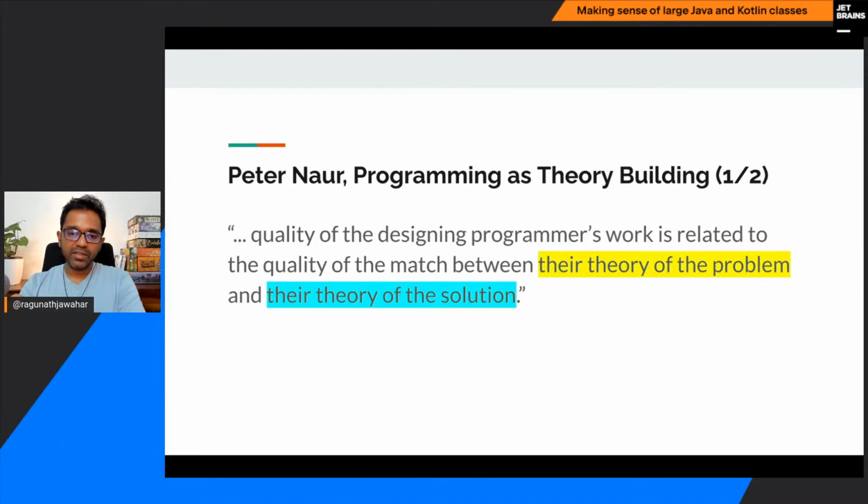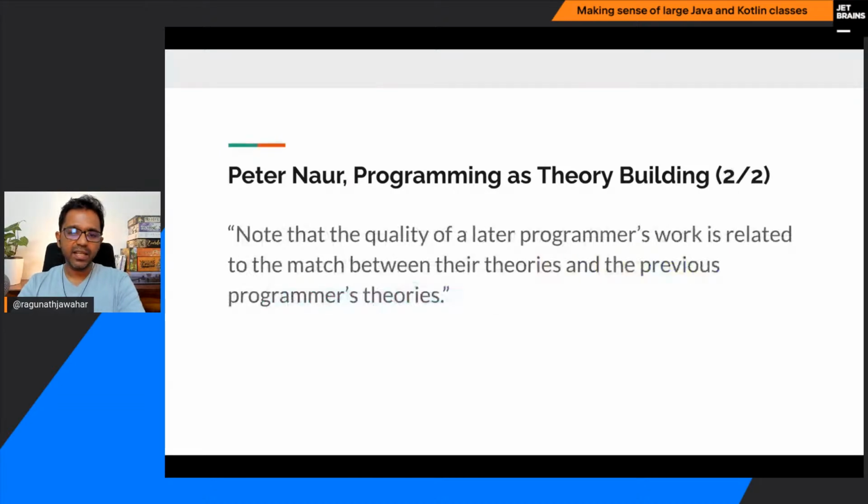Now, the tricky thing is what happens when you inherit a code base, one that someone else has written, and now it's your job to maintain that piece of code, right? So what happens? In that case, if you are a programmer that has inherited a code base from someone else, then the quality of your work is going to be determined by your understanding of the theory, your theory, and how close your theory is to the theories of the previous developer, right?